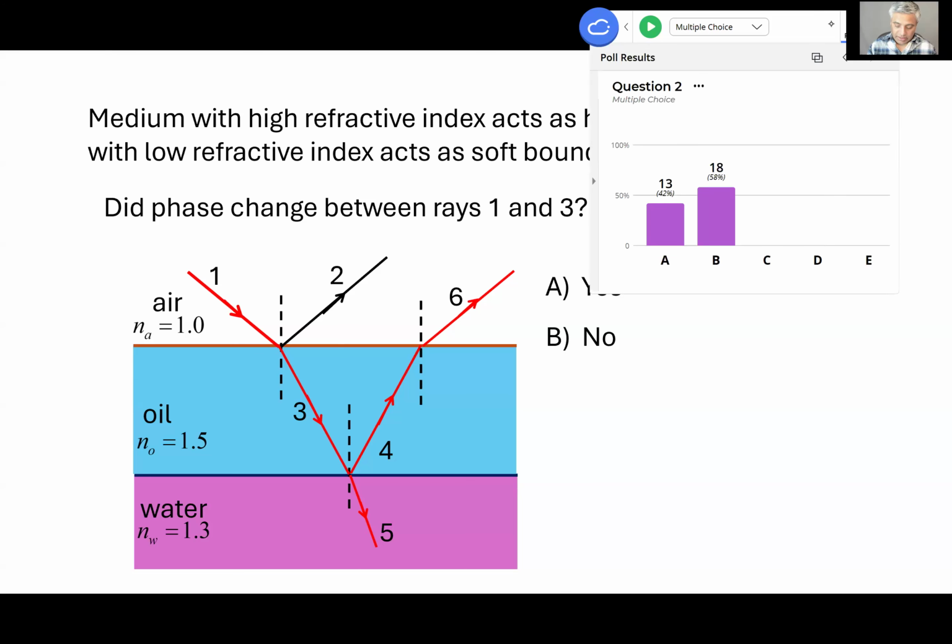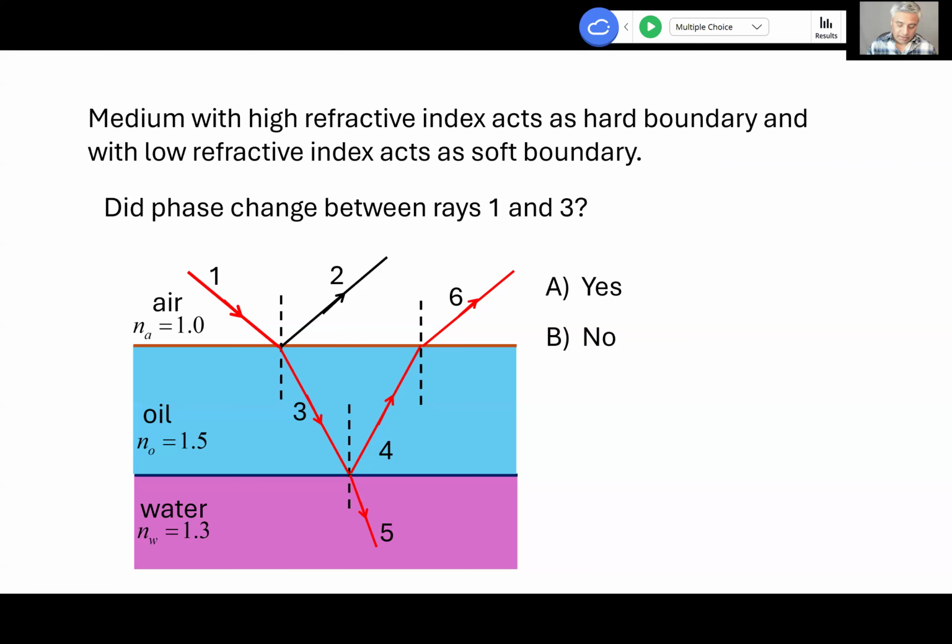Let's see what happened here. We have A and B, yes and no. In this case, no is the correct answer.